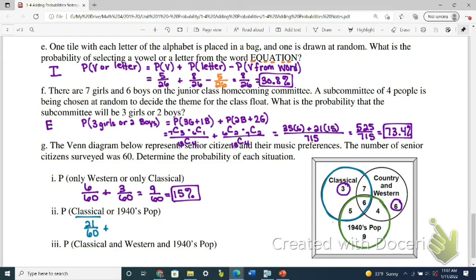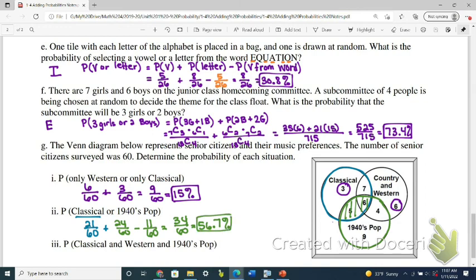So I add those all up and I get 24. Now, is there a section where they were double counted? Yes, right here. So I need to take those away because I counted them in both circles. So this ends up being 34 over 60, which is 56.7%.